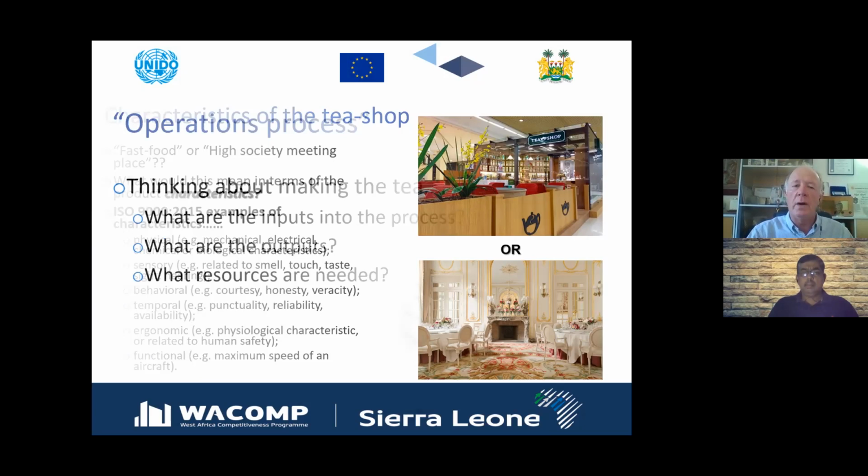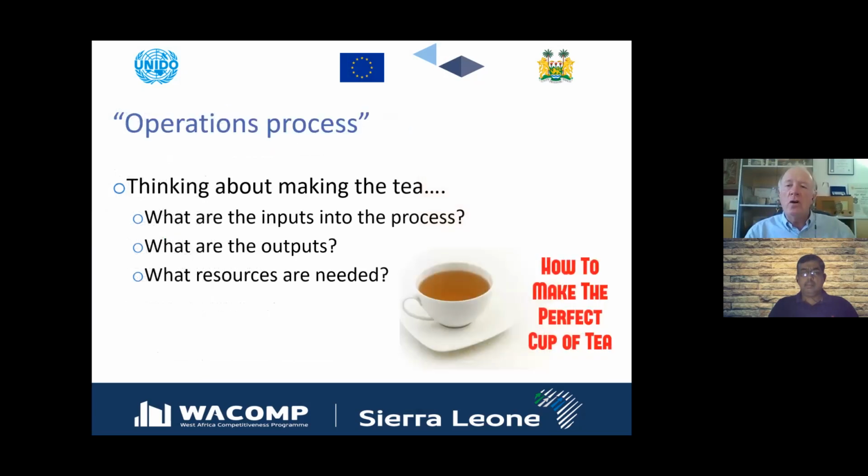Now, as part of all that overall process, there will be specific operations involved in making the tea. So what I want you to think about is, in a tea shop, there are actually a number of interrelated processes. If we take the example of a tea shop that is serving tea and cakes in a hotel, there is a process for receiving the guests.